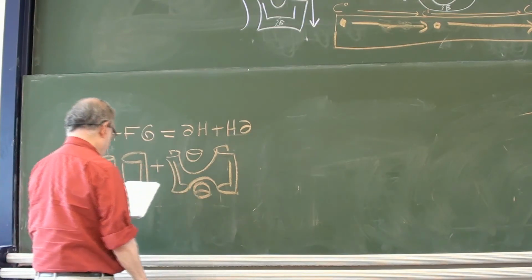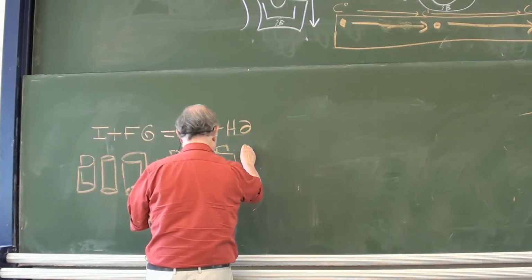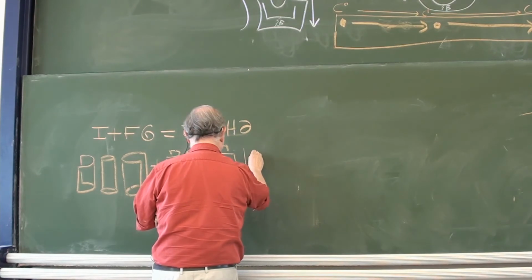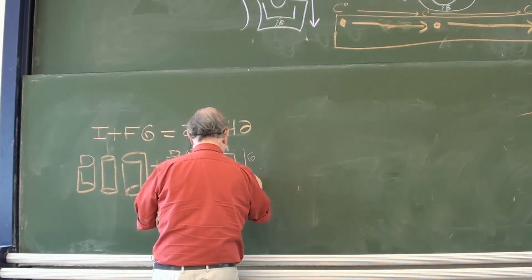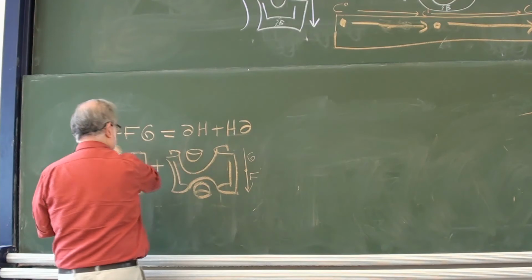All right, so this is going down, and first I do G, and then I do F. That's F, G, and then F, right?